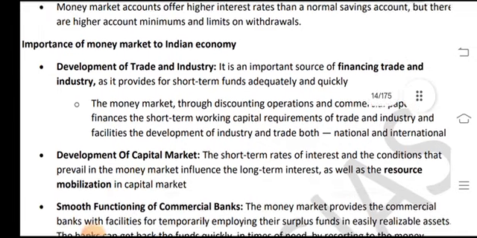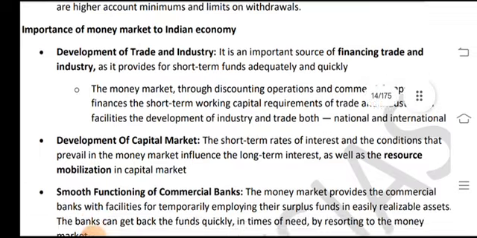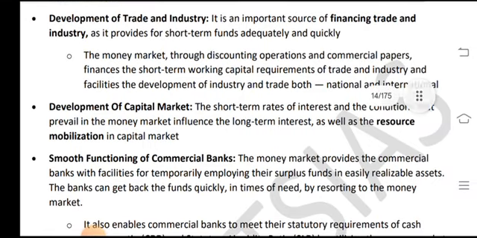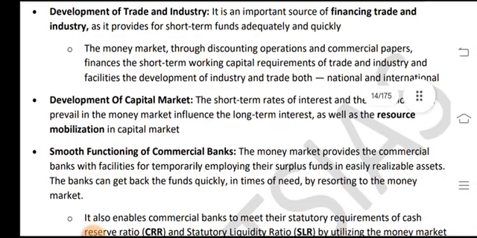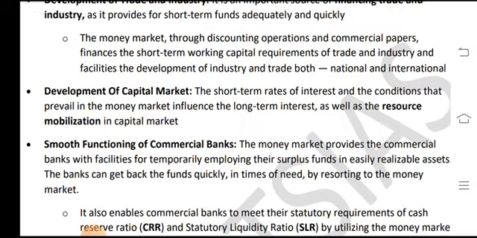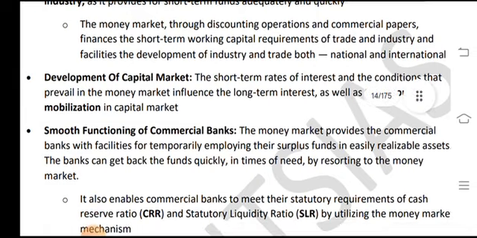Importance of the money market to Indian economic development: trade and industries. The money market is an important source of finance for trade and industries, as it provides short-term funds adequately and quickly. Through the discounting operation and finance of commercial papers, it finances the short-term working capital requirements of trade and industries and facilitates the development of industries and trade, both national and international, and the development of the capital market.